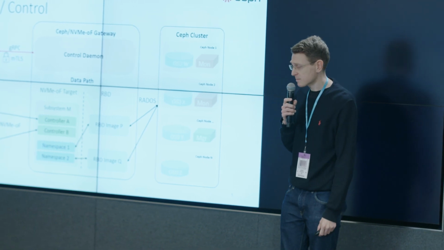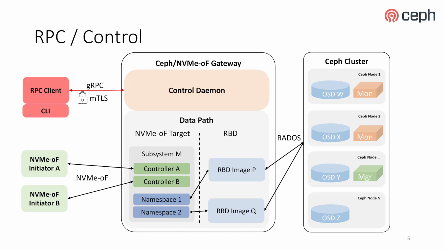Okay, so what we've done is we introduced this. I split this here in the view into a data path and a control path. The control path is actually a little Python process that exports a gRPC service. And we provide a CLI where you can run configuration commands against the control daemon.